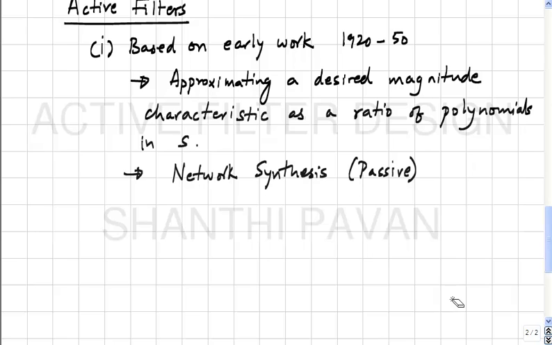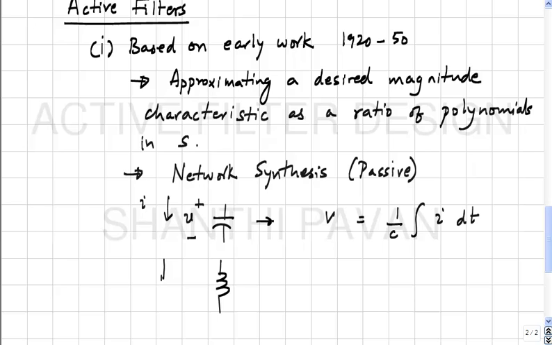Another way of looking at it is the following. If you kind of stare at a capacitor and an inductor, for a capacitor, what is the relationship between the voltage and the current? Vc is 1 over C integral Ic dt. Let me get rid of the subscript C here. In other words, the voltage across a capacitor is the integral of the current. On the other hand, for an inductor, how can you write the current in terms of the voltage?